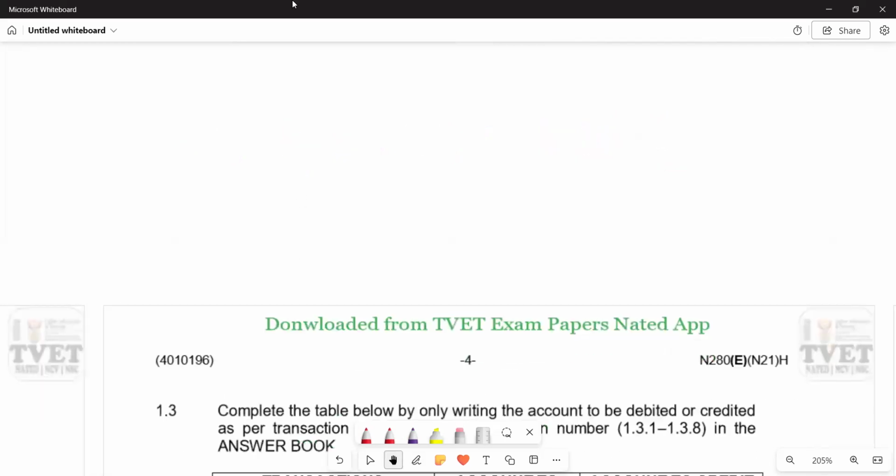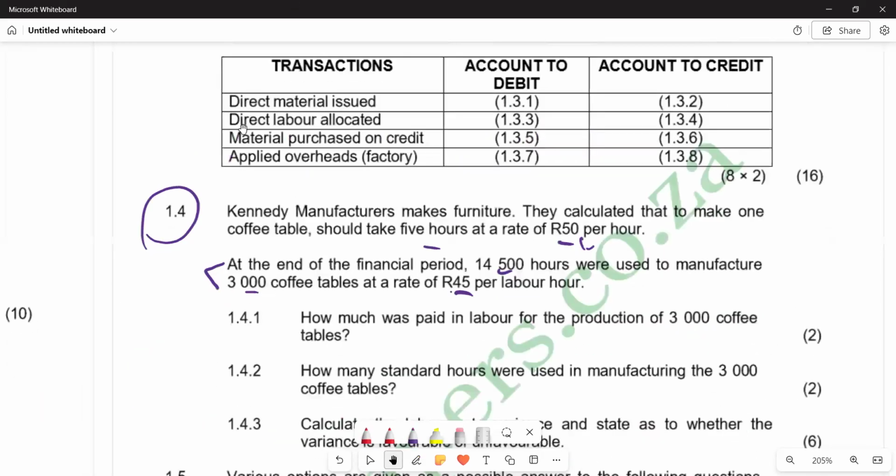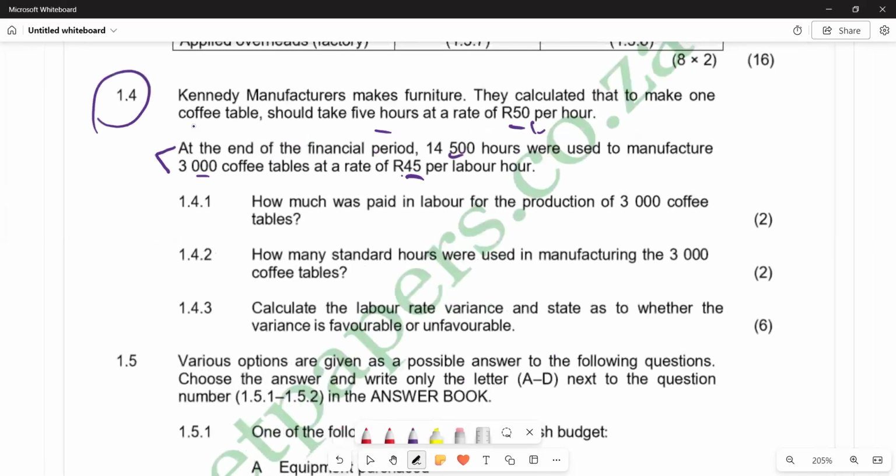Then we can go on to the second part, 1.4.2, which asks how many standard hours were used in manufacturing the 3,000 coffee tables. The standard number of hours per coffee table is stated here: they calculated that to make one coffee table should take 5 hours. So one coffee table, 5 hours, and 3,000 tables were manufactured.